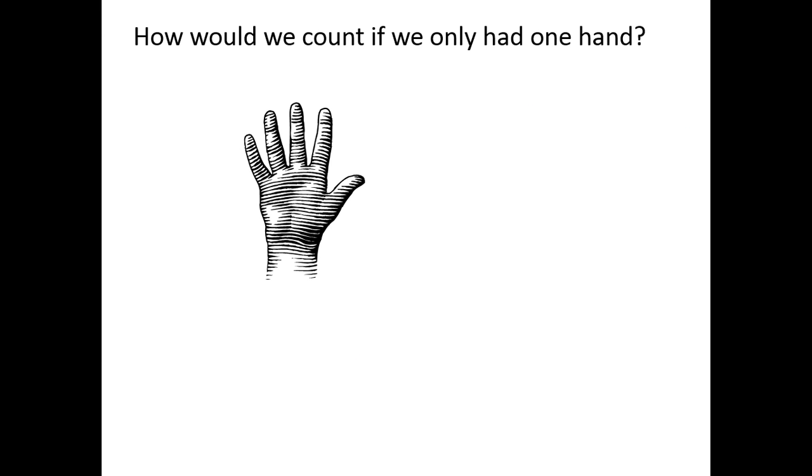So, what if we only had one hand instead of 2 hands, and we had to learn to count? Well, it's very likely we would be counting a little bit differently. We would probably still call this 1, and this 2, and this 3, and this 4, but once we got to this point, we would be filling up our hand. So what would we call that?